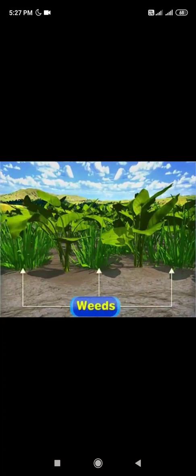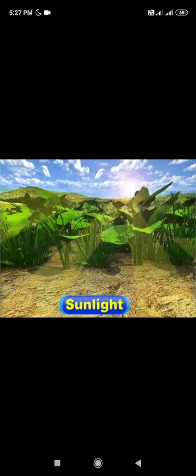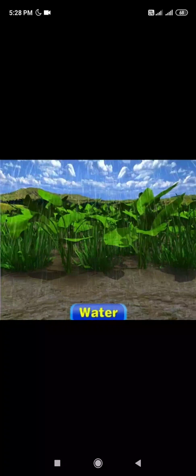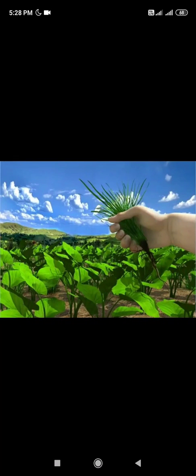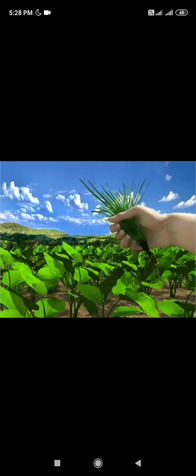These weeds compete with the crop for nutrients, sunlight and water, so these weeds must be removed from the fields. The removing of weeds from the field is called weeding.